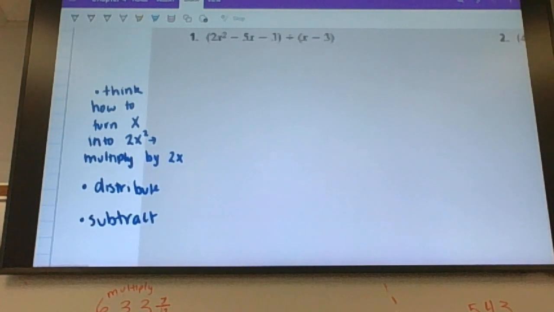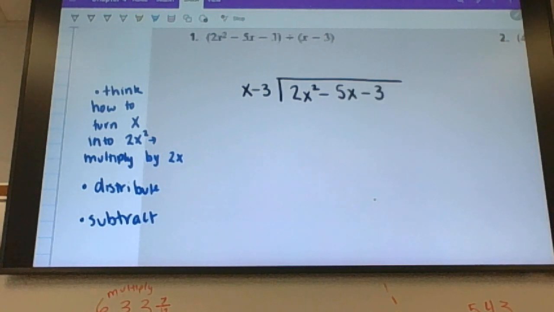I'm just going to rewrite mine because it's blurry. Yes, Peyton. Okay. So the top comes right away.